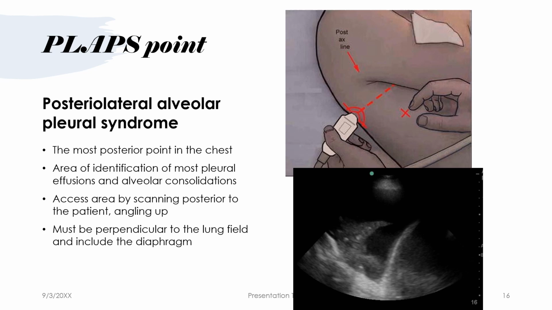To access this, as I just mentioned, you may need to roll your patient away from you a little bit more. This would be your third image that we just talked about. You'd start anterior, then go laterally, and then end up eventually in this posterior lateral position. The patient rolls up, I'm perpendicular to the patient's lung field, angling up towards the ceiling to make contact with that lung field.